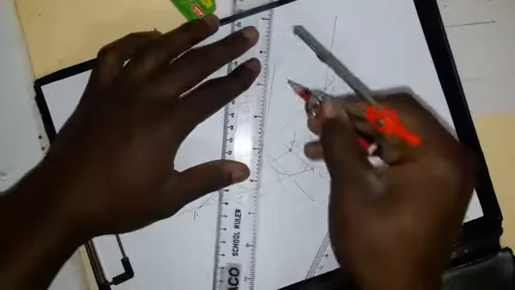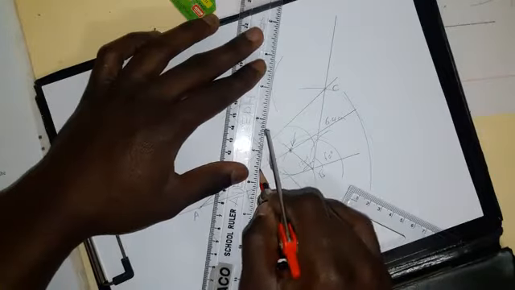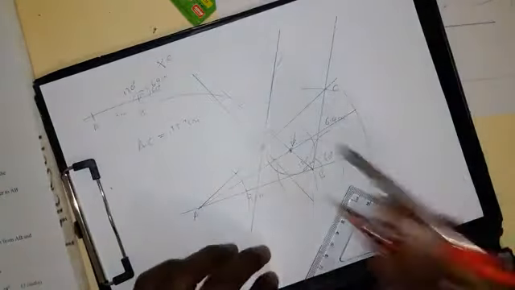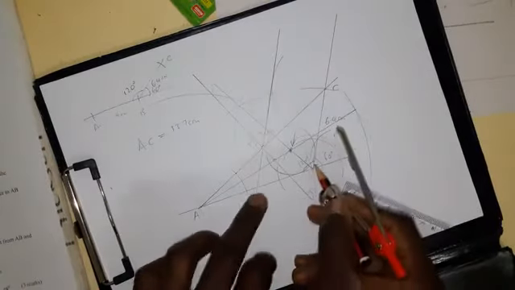And here I'll have drawn the locus of points 4.2 centimeters away from BC on the side of A.